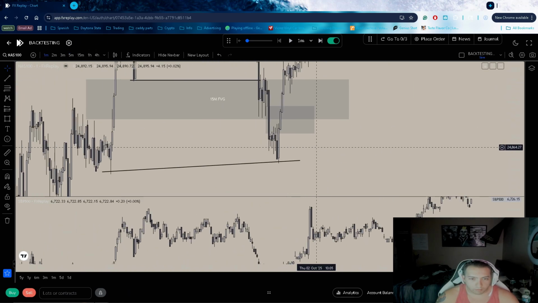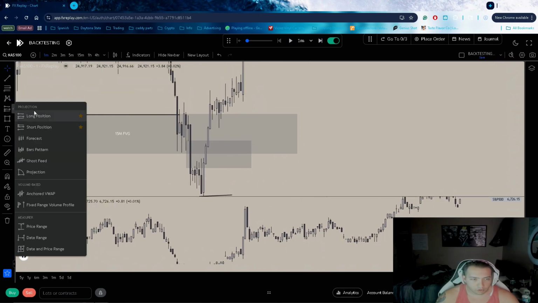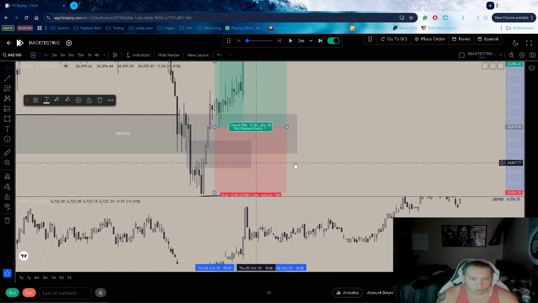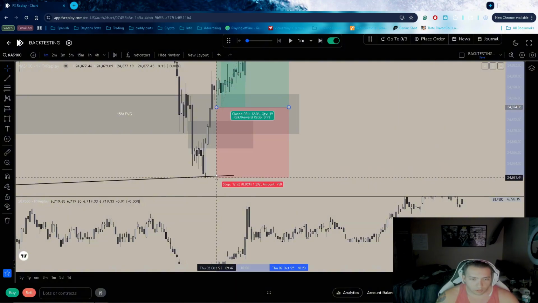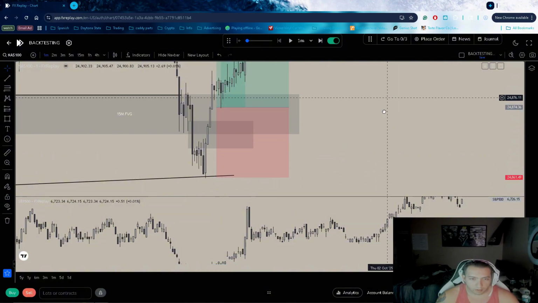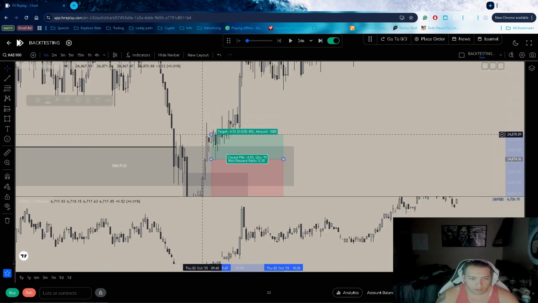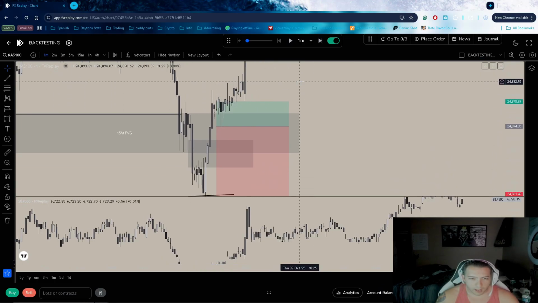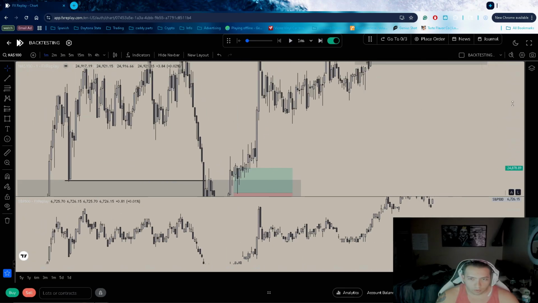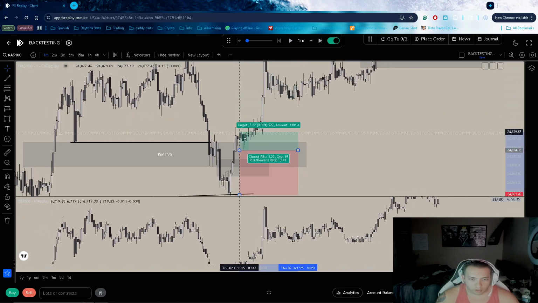But if you had taken this trade, you would have entered here, stop loss at the lows, at the close of this inverse fair value gap, and take profit slash break even at this internal high, which would have played out. But if you want to hold for this whole move, you would have been stopped out at break even.